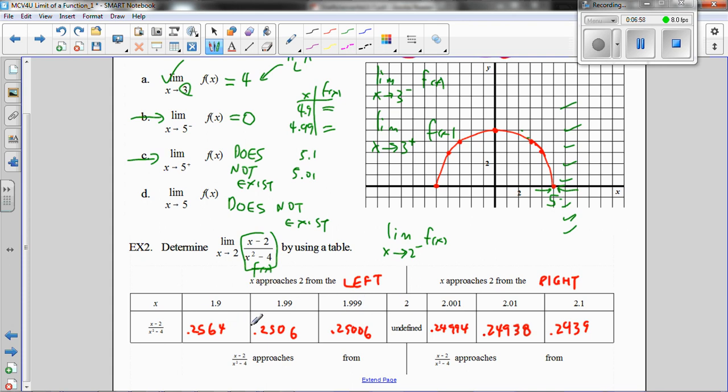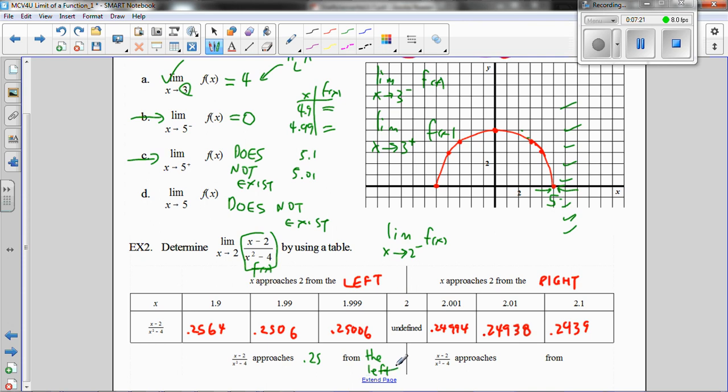I just put those into my calculator. You can check my work if you want, but it looks like f at x approaches 0.25, or a quarter, from the left. Doesn't it?